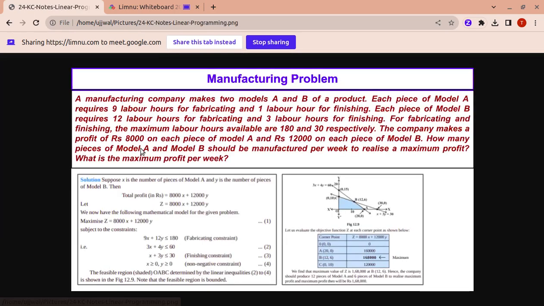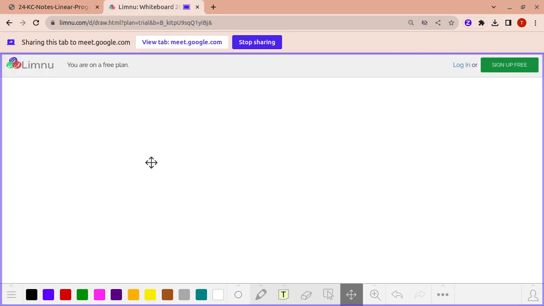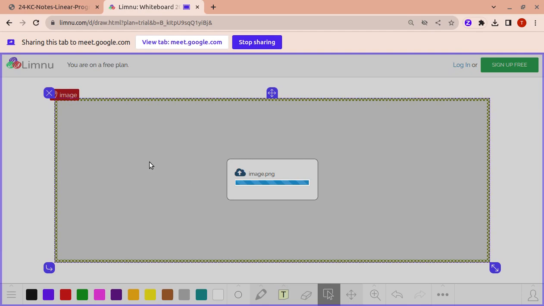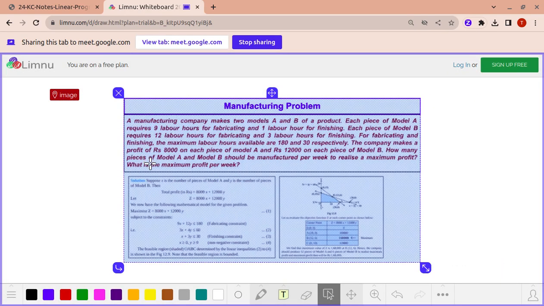Okay, dear students, so let me bring that one. So this is a manufacturing problem. The first problem we discussed is the diet problem. The second problem we just discussed is the allocation problem, allocation of land, and the problem we are going to discuss is the manufacturing problem.